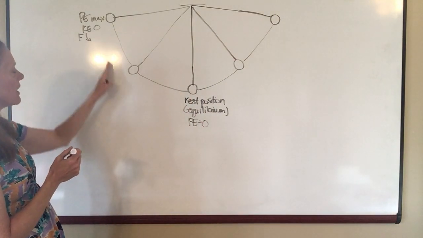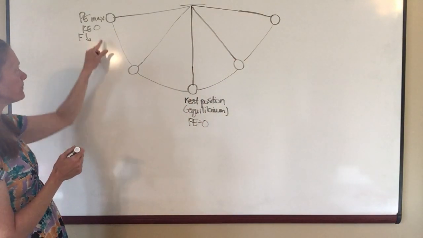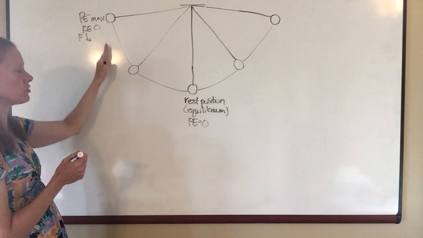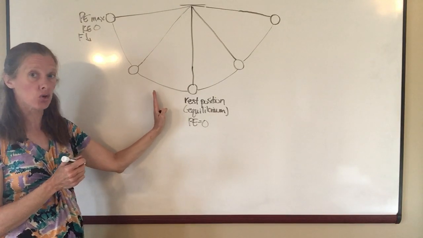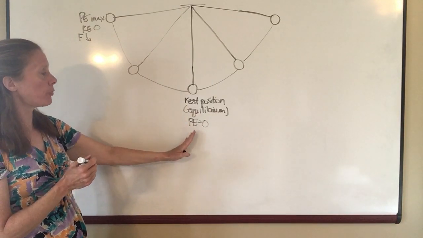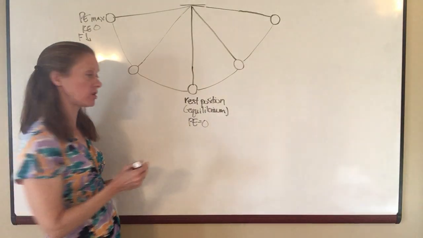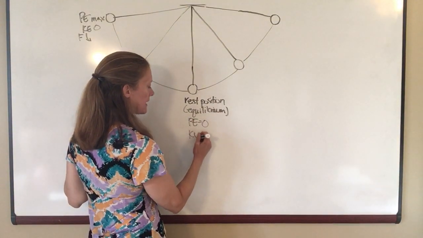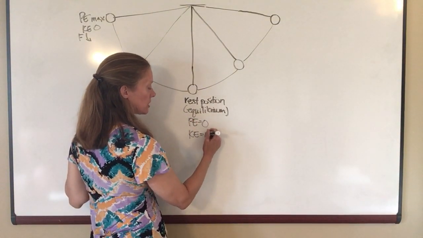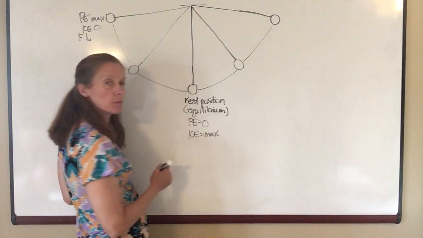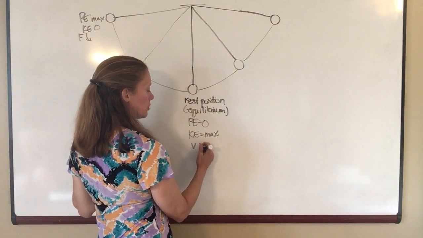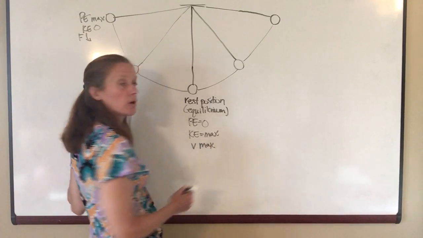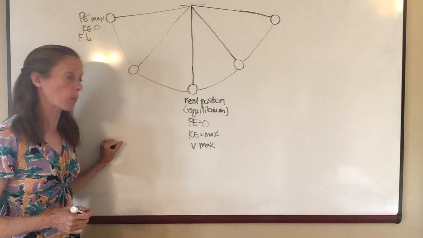So as I go down this direction, my potential energy is decreasing, my kinetic energy is increasing, until I get to the point here where I now have no potential energy anymore, and now my kinetic energy is at its maximum value. And if the kinetic energy is at a maximum value, then the velocity is going to be at its maximum value as well.